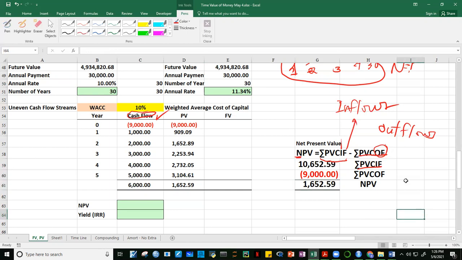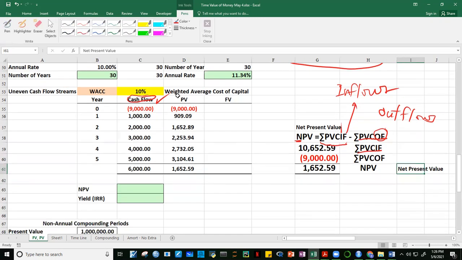Okay? And then, the term that we use to call yung present value of cash inflows minus the present value of cash outflows, we call it the net present value. Okay? Yun ang tawag dyan. So, remember that guys. Present value, alam natin kung ano ibig sabihin.